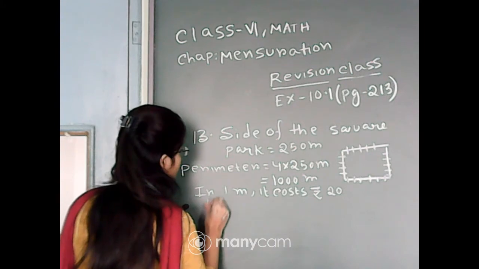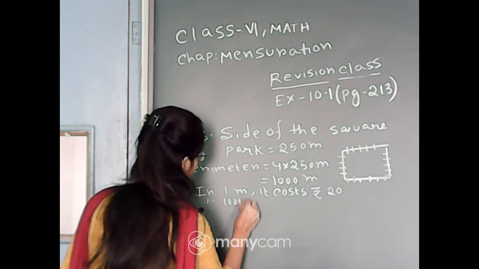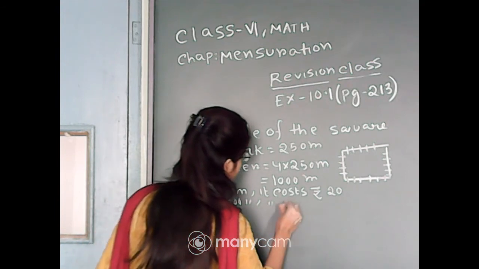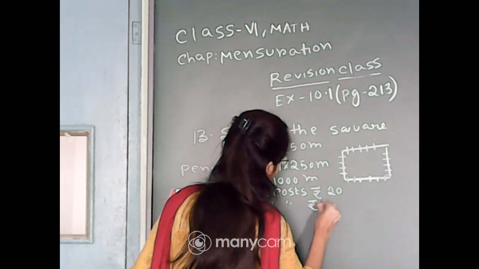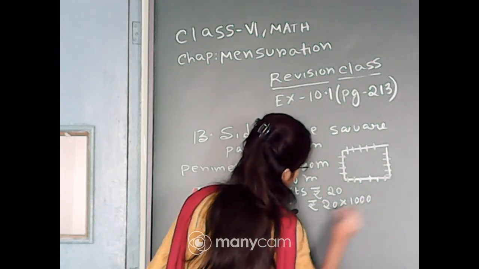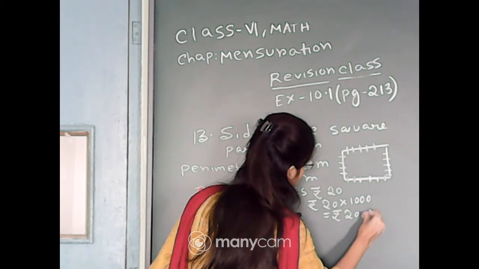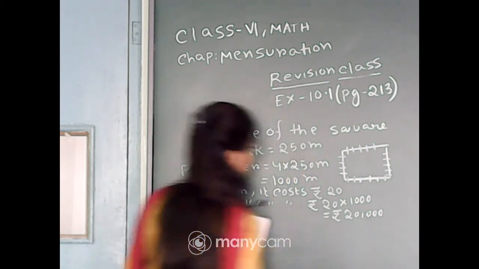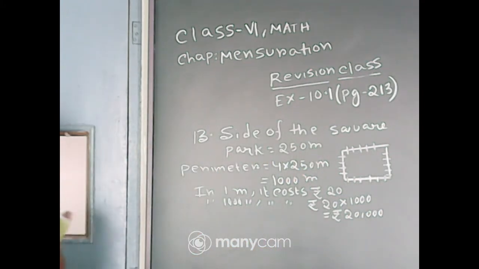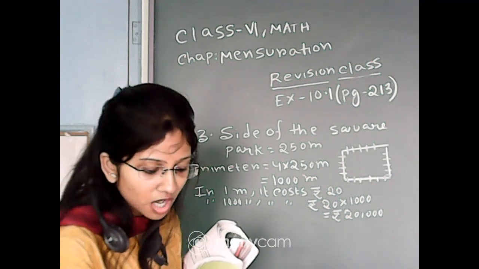Therefore, in 1000 meter, it costs rupees 20 into 1000, that is rupees 20,000. Yes, the answer is rupees 20,000.